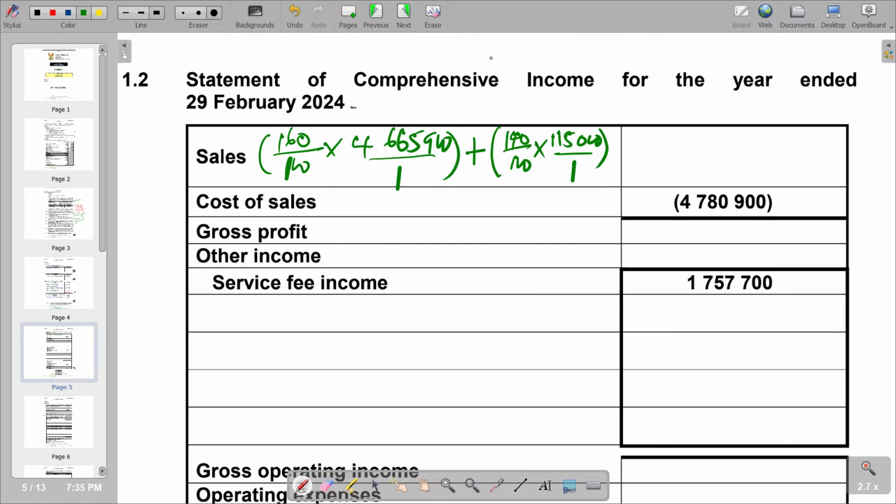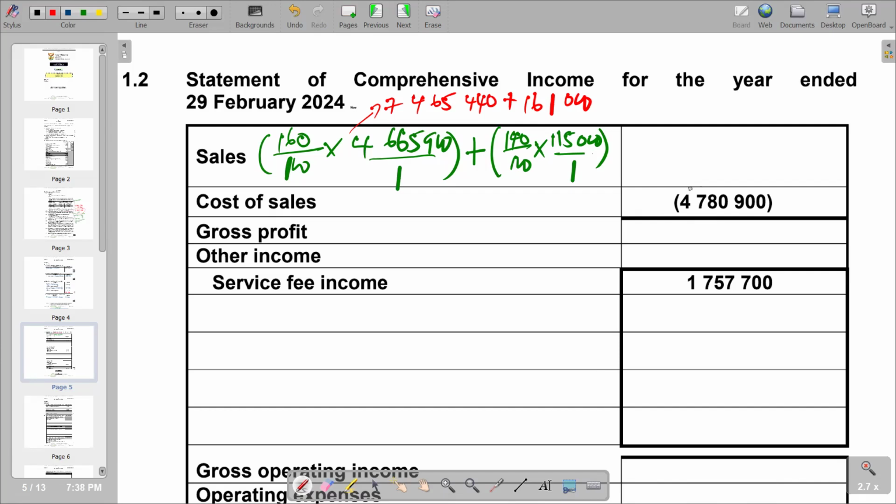So let's just try to calculate. On the first part, if you calculate here, your answer is 7,465,440. And then we add it to the answer on the second part, where you are supposed to get 161,000.